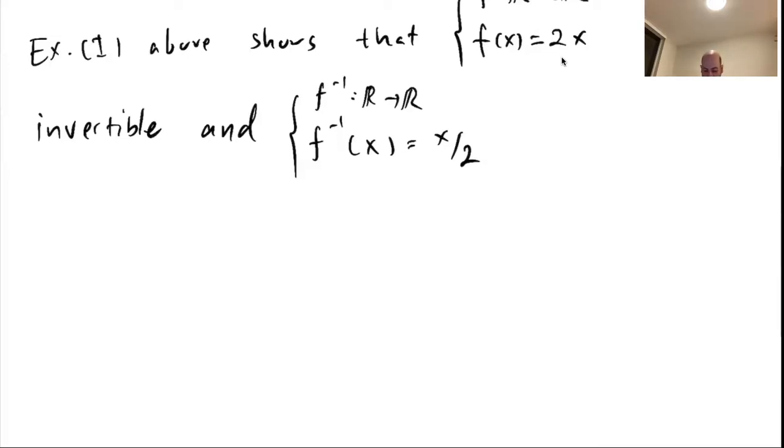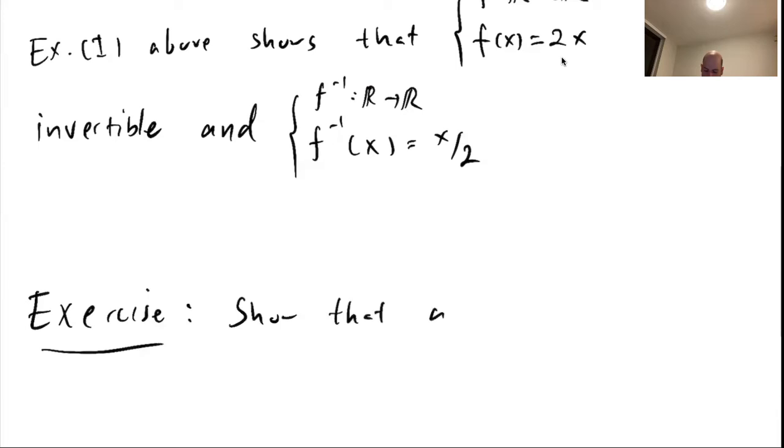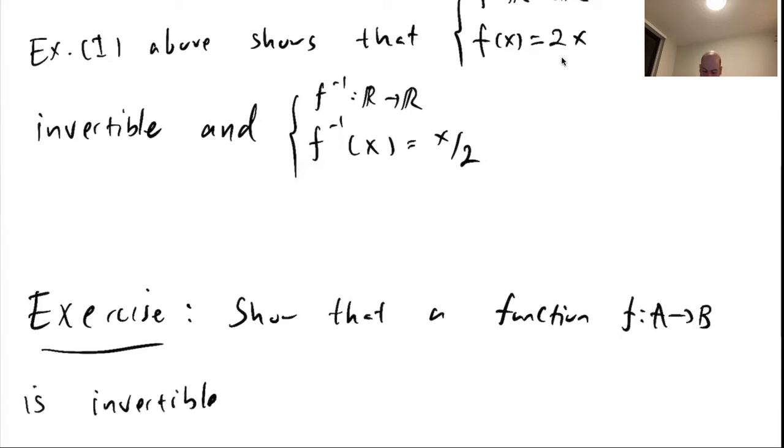So let me leave this as an exercise. Show that a function, let's say f from A to B, is invertible if and only if it is one-to-one.